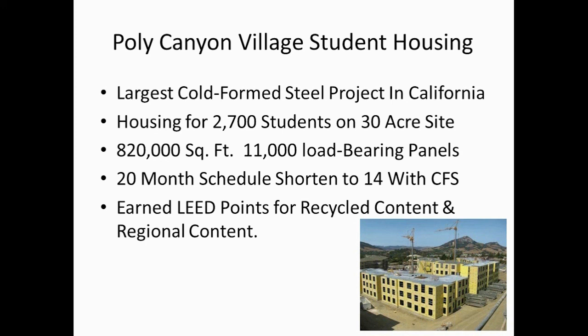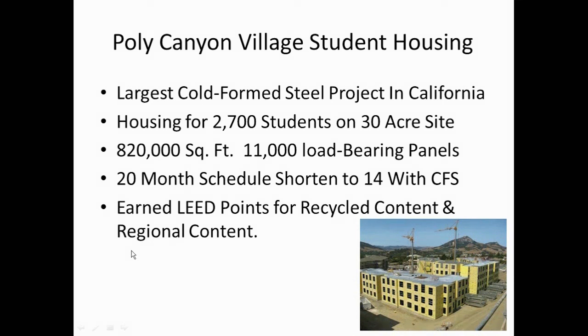The original construction schedule called for a 20-month construction cycle. It was shortened to 14 months using cold-formed steel in a panelized application. The project earned LEED points because of the cold-formed steel recycled content and the fact that it was panelized locally, so it was a regional material.